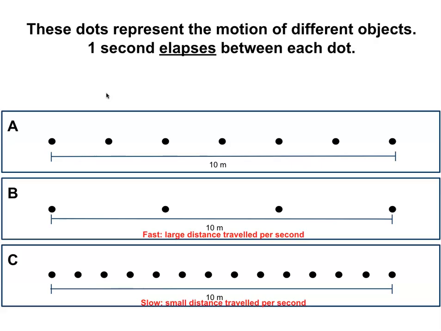Object B is the fastest of the three different objects. And we know this because it's covering the greatest distance between 0 seconds and 1 second compared to object C, which is the slowest, and you can see from the diagram that it is covering the smallest distance from 0 seconds to 1 second.